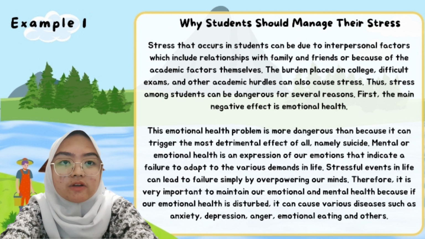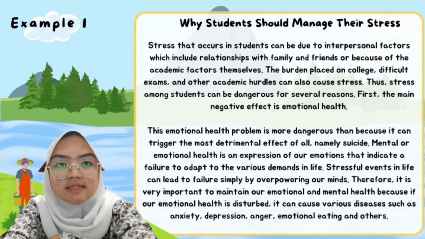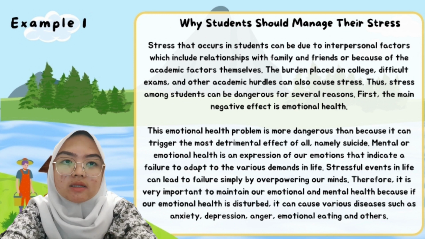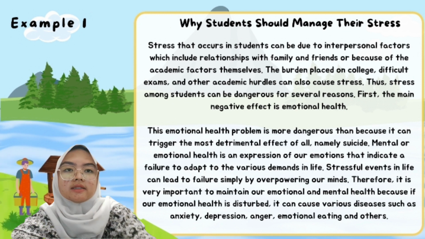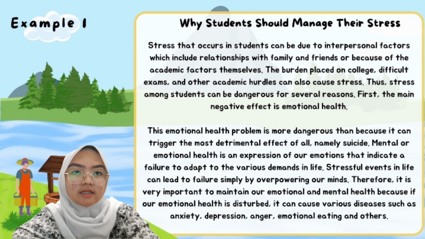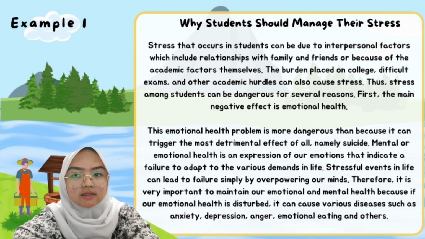For the structure of this text, the first is thesis. There is a sentence: stress among students can be dangerous for several reasons. Second is arguments. There is a sentence: a major negative effect of stress is on emotional health.